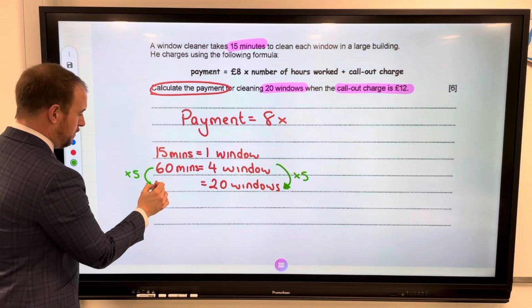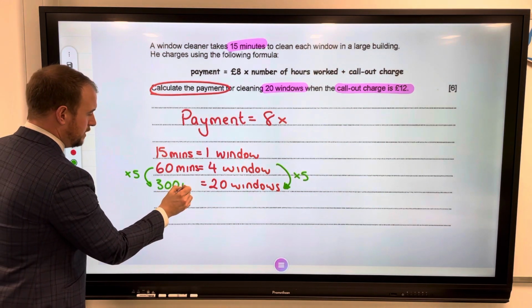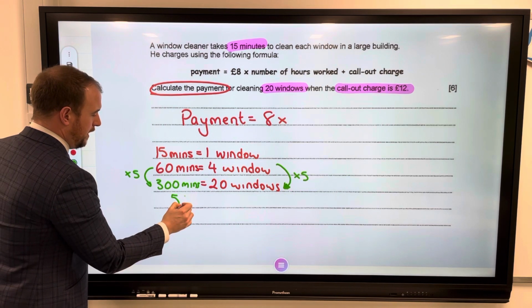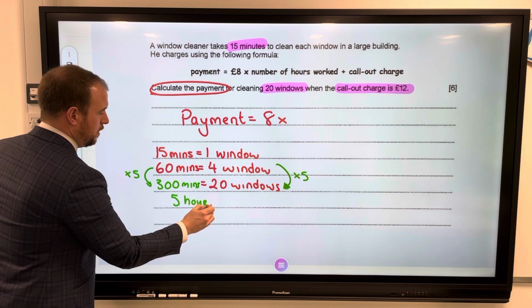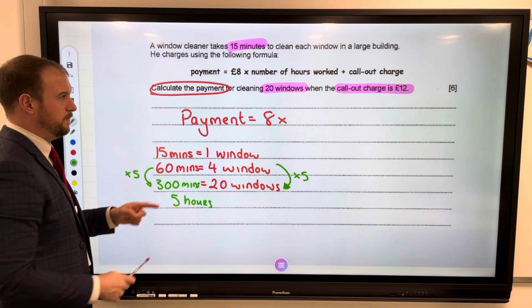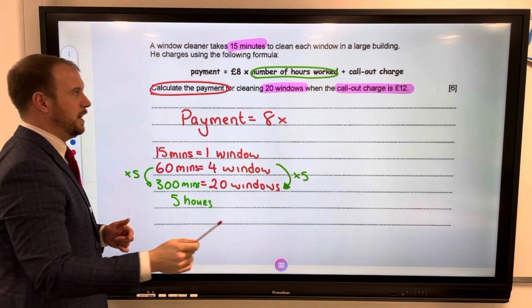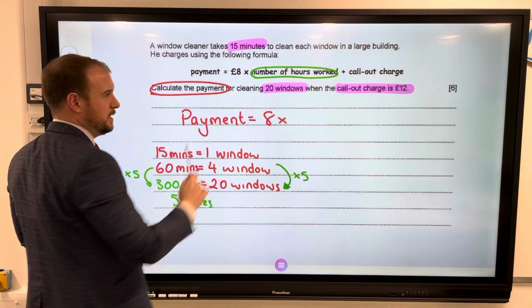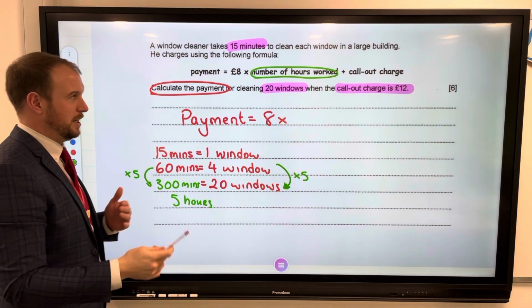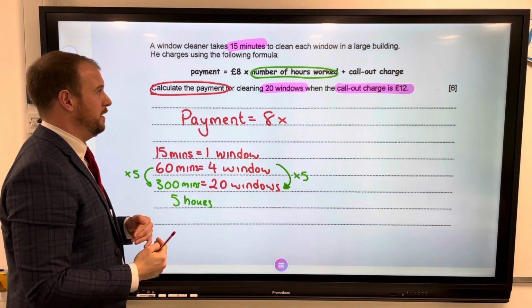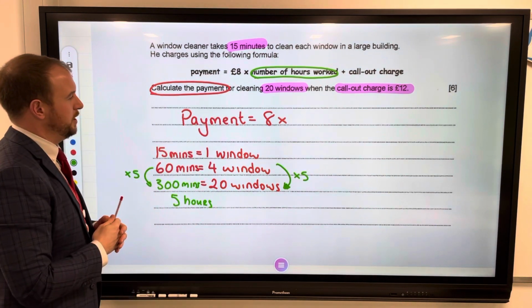So that means we have 300 minutes, which is the same as 5 hours. The reason why I've used hours is because it says here, number of hours worked. Be careful, this is in minutes, this is in hours. Time is again a popular concept in these exams, so be careful with the wording being used.